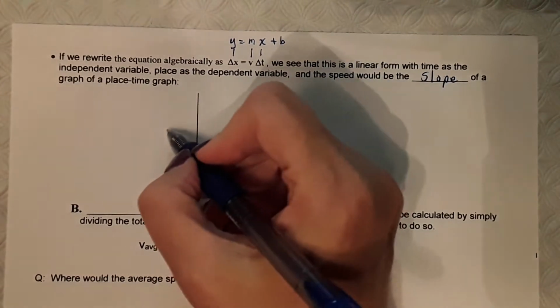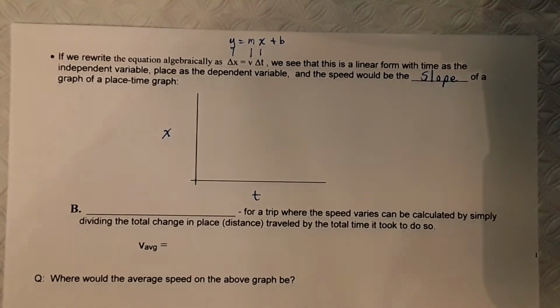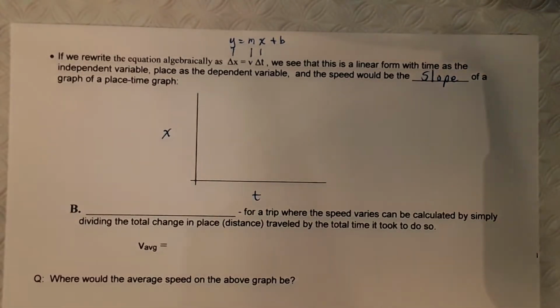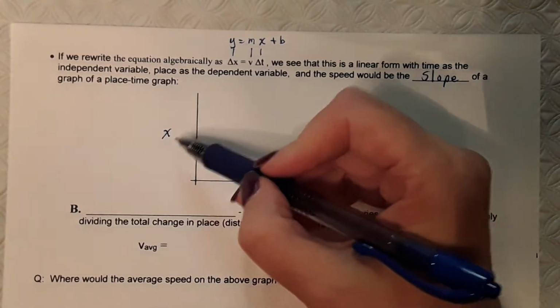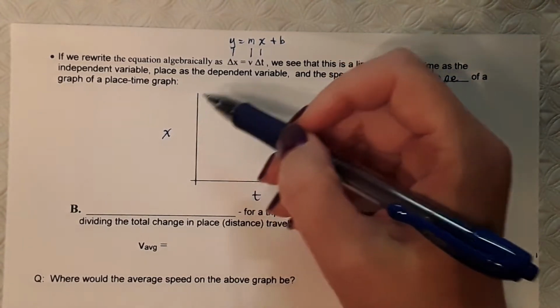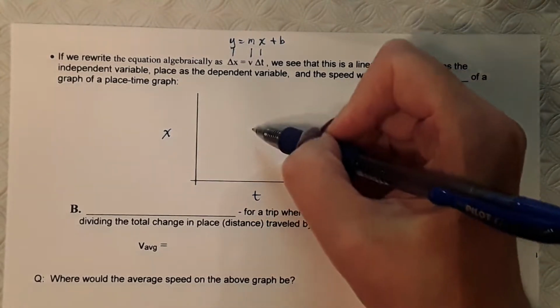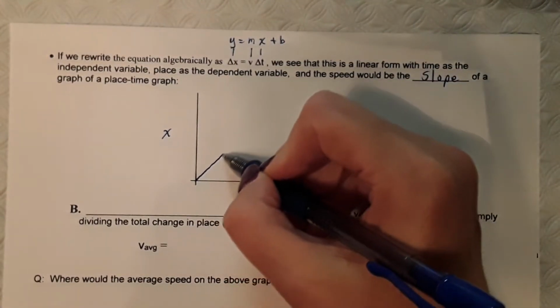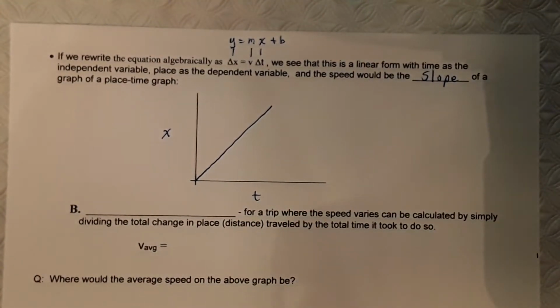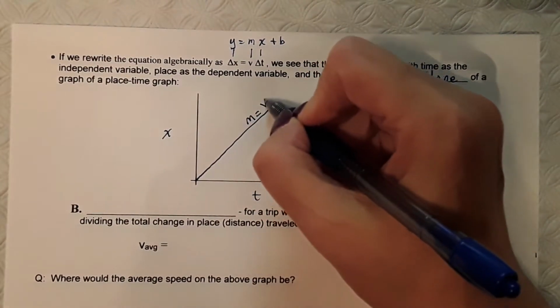Now what we're going to do right here is look at place versus time. This is just a sketch. We're not really making a formal graph here. If we have an object that is traveling at constant speed, that means the rate at which we change place up the y-axis is always the same. So for each increment of time, we go up the same amount. You would end up with a straight line slope, something like this. Now, this represents one particular speed.